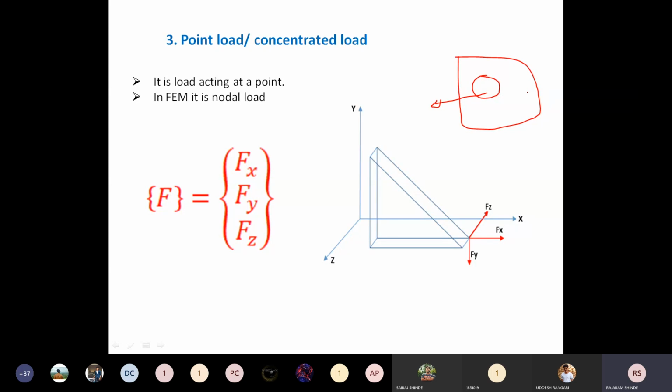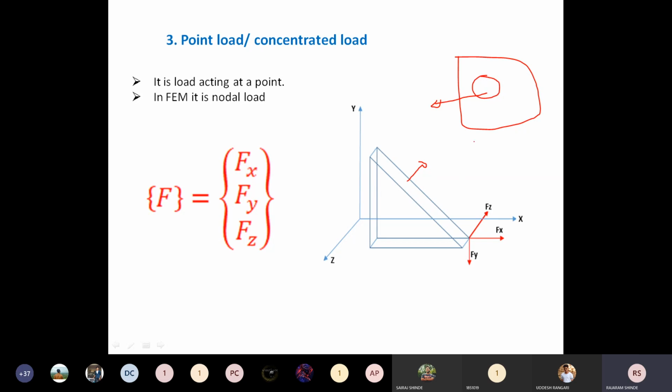When we go for the pressure load, this pressure load is also going to create displacement in the body. The point load is going to create the displacement of the point or that edge, or in the finite element method, the displacement of a node.